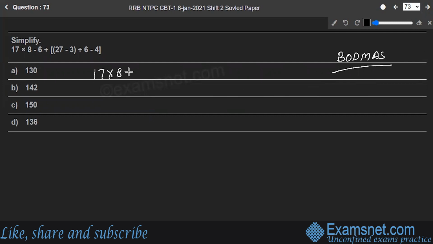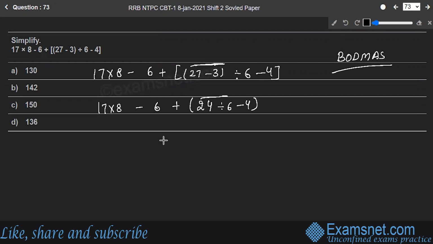17 multiply 8 minus 6 plus 27 minus 3 divided by 6 minus 4. So according to the BODMAS, first thing to get solved is the bracket. 17 multiply 8 minus 6 plus 24 divided by 6 minus 4. Next is the division. 17 multiply 8 minus 6 plus 4 minus 4, which will be 0.